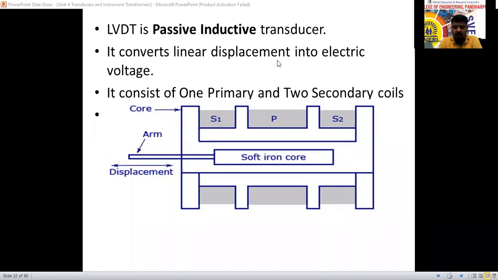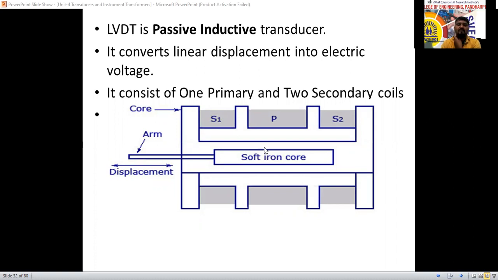So we provide the supply to the primary winding. Between the primary and secondary windings, we have placed a soft iron core with a handle or arm, the displacement arm, to push it to the right side and left side.